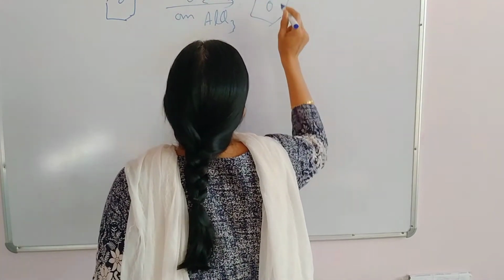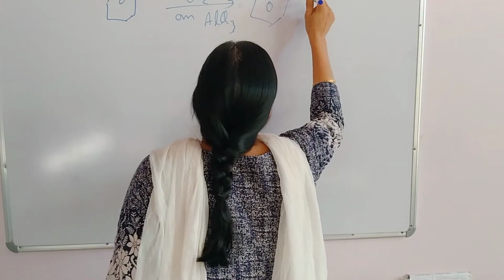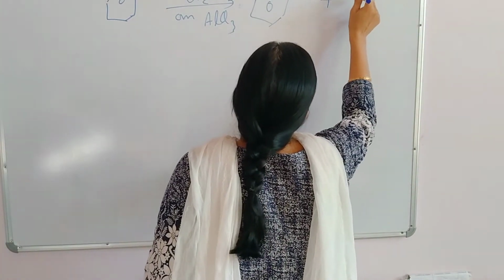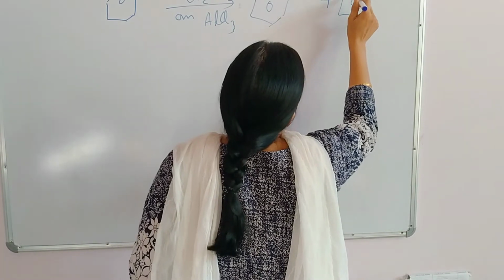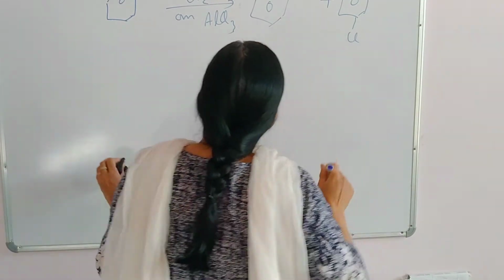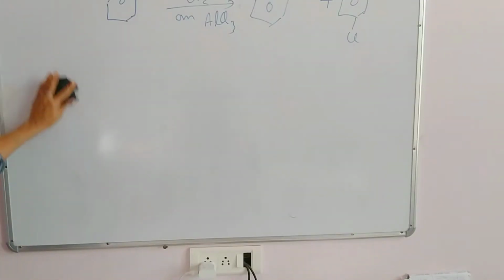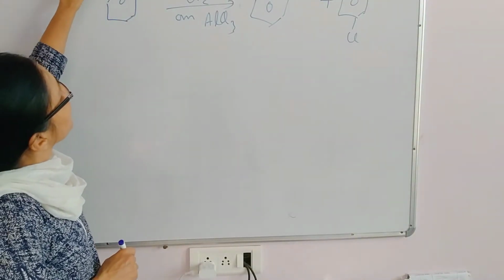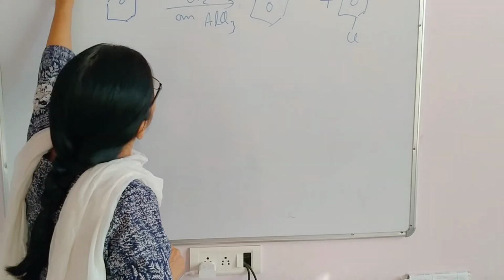In the toluene CH3 group is there, it will direct to the ortho position as well as the para position. So orthochlorotoluene and parachlorotoluene will be the product. Okay, so directing effect of the already present group will work.